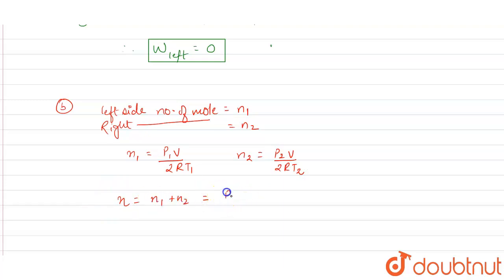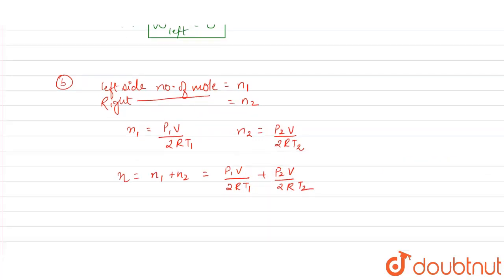From here we get P1V by 2RT1 plus P2V by 2RT2. Taking V by 2R as common, we get the expression for the total number of moles as V by 2R into (P1 T2 plus P2 T1) whole divided by T1 T2, correct? So our total number of moles has been calculated.